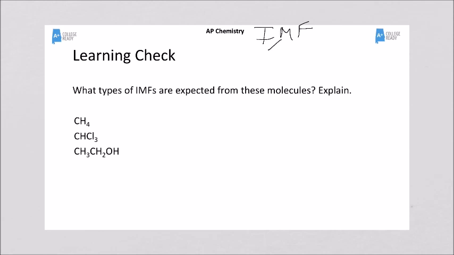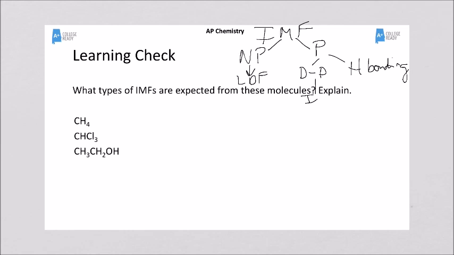If it's nonpolar, our only choice is LDFs. So that makes it a little easier. If it's polar, we have to decide, is it dipole-dipole or is it hydrogen bonding? But if it's polar, they both also have LDFs.